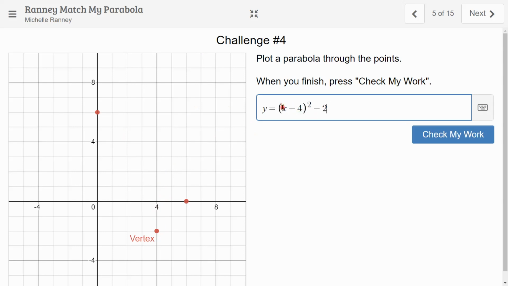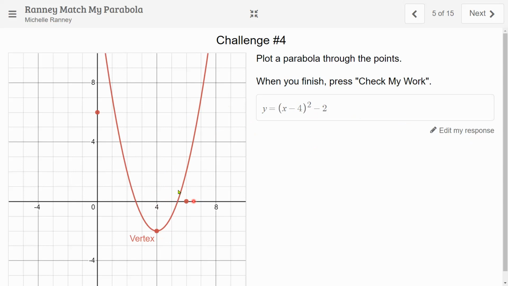So to move that down 2, I'm going to go minus 2. So again, this moved it right 4. This is going to move it down 2. Now I need to work on my stretch. So to work on my stretch, one way to think about it is if I went out 1, 2, 2 squared should have been 4, but I didn't go up 4. I ended up going up 1, 2.